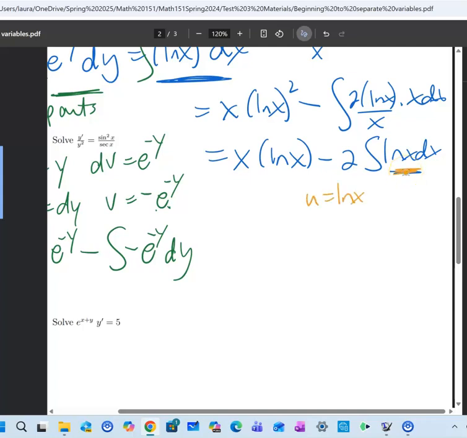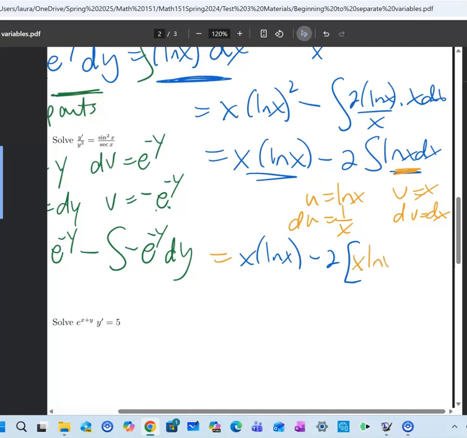So u equals ln of x, dv is dx, v is x, du is 1 over x. Okay, so this right-hand side, I'm going to carry this part along, minus 2 times, and I'm doing parts, so uv minus the integral of v du.